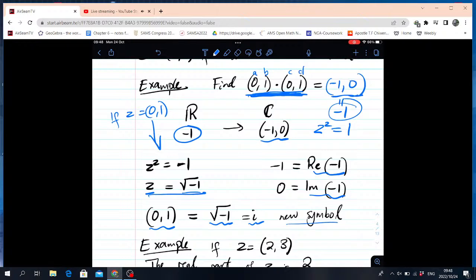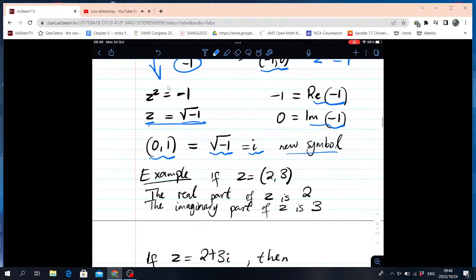Okay, so we've got this new i. So let's compare, and we are going to look at addition and multiplication and see if it's consistent with the definitions that we have on top there. So if you've got an ordered pair z which is equal to (2, 3), then its real part is going to be 2, its imaginary part is going to be 3, right?